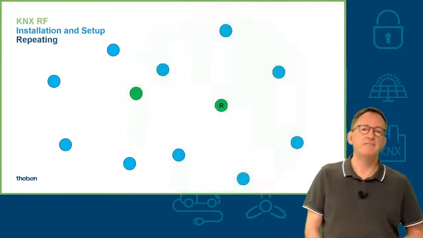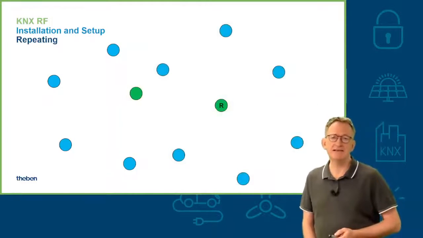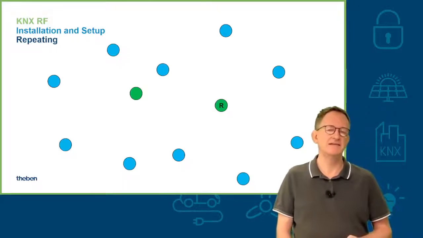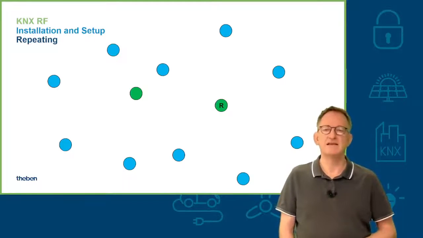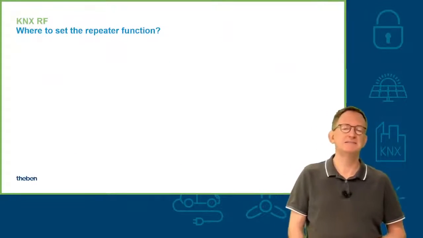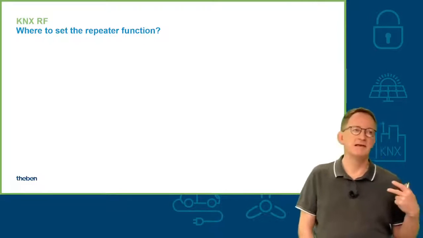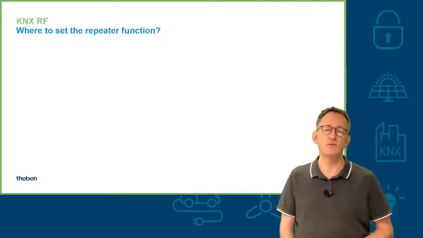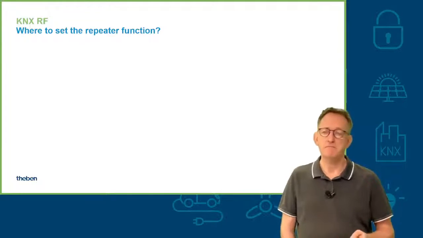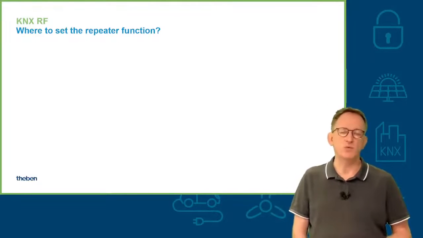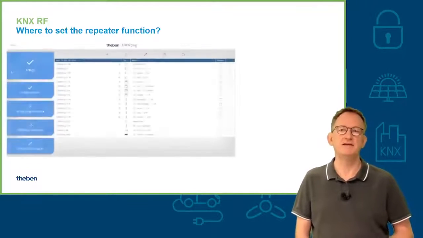On the other side, very often you do not know exactly what the range of the devices is, which devices are getting a good signal, and which devices are getting a bad signal or none. So which devices make sense to act as a repeater?